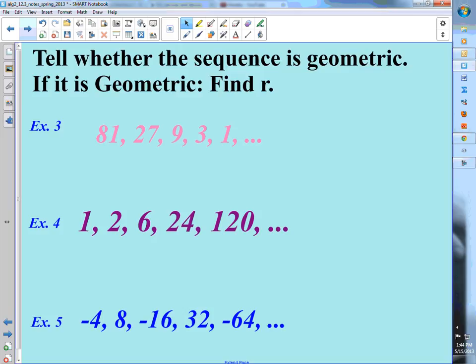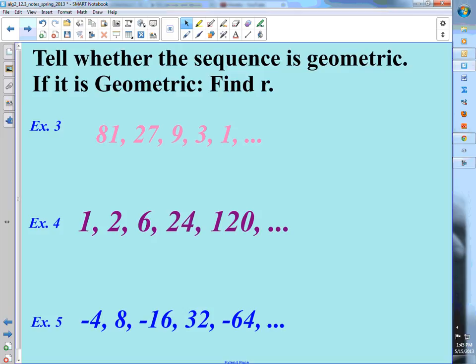Yeah. So, take a look at these sequences. What's the first question you need to ask yourself? Is it geometric? Please do not go down this path and expect that you can just say, oh, it's geometric, it's not geometric. You need to determine whether or not it's geometric. And you can do that by saying, am I multiplying by the same thing?